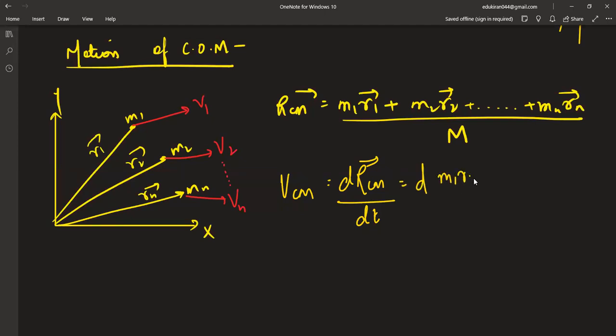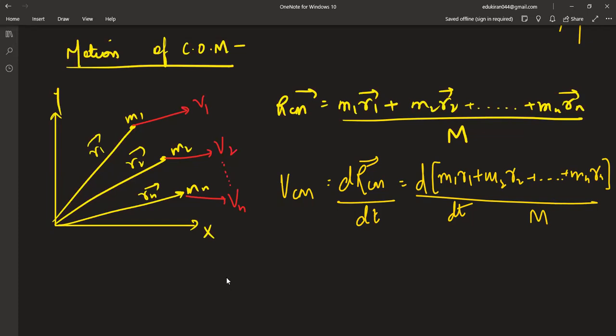I have to differentiate m1 r1 plus m2 r2 up till mn rn over dt, with m there already. So velocity of center of mass, 1 by m is here.